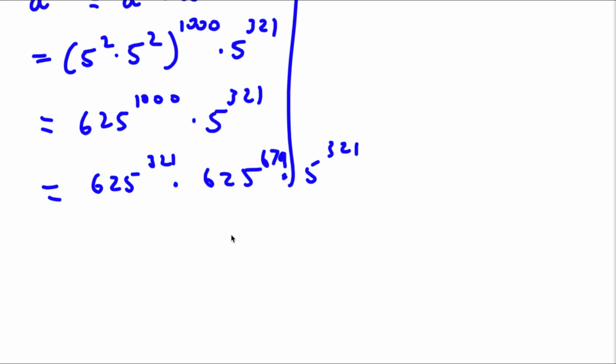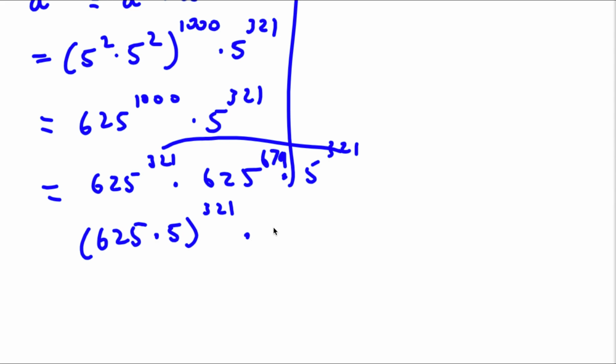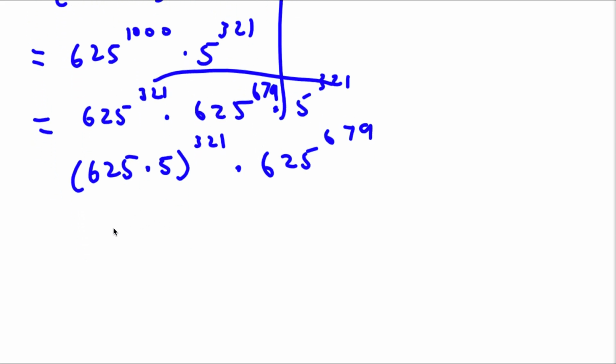And now, because both of these have the same exponent, 321, I can rewrite this as 625 times 5 to the power of 321 times 625 to the power of 679. Now 625 times 5 is equal to 3,125. We have this to the power of 321 times 625 to the power of 679.